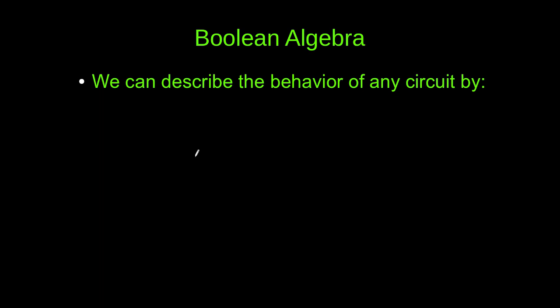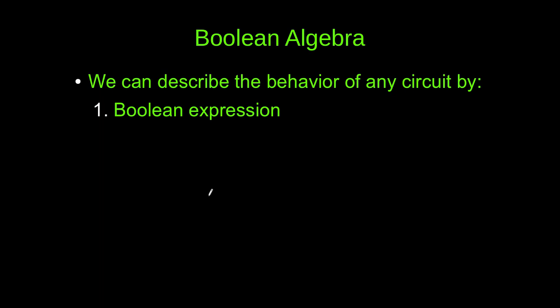We can describe the behavior of each of those circuits in 3 ways. Mainly a Boolean expression, an equation, A or B. This is expressing a circuit as a Boolean equation or Boolean expression.